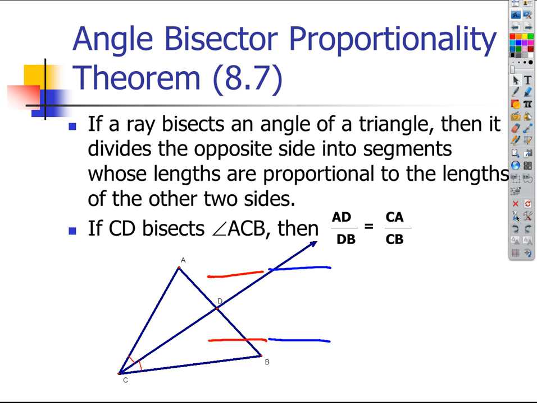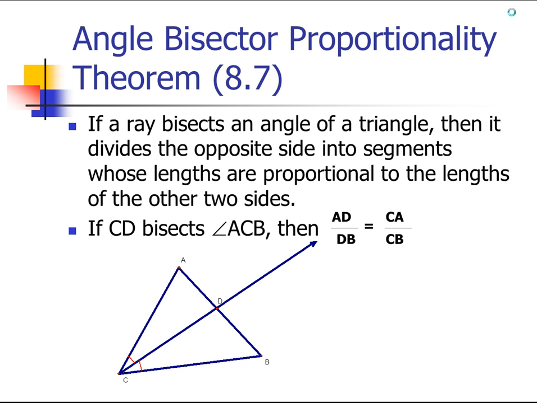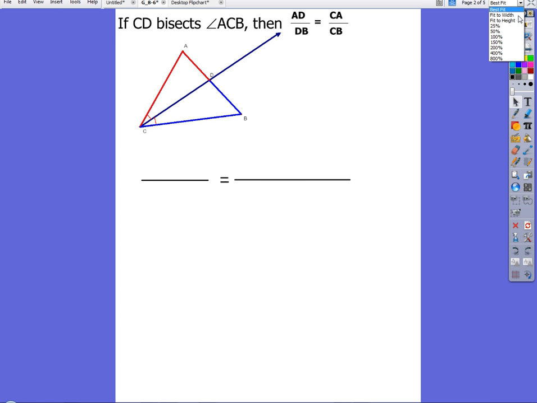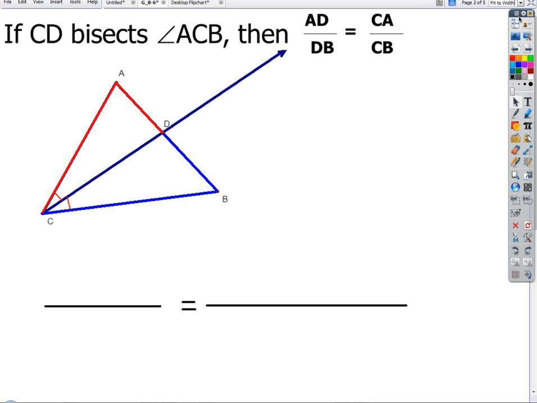Okay, we also know the last relationship we get in this section, and this one's just a little bit tricky. This one, in fact, I want to go up here. Okay, if some line or some ray bisects an angle in a triangle, right? So you see here that this ray CD has cut this angle C into 2 congruent parts.